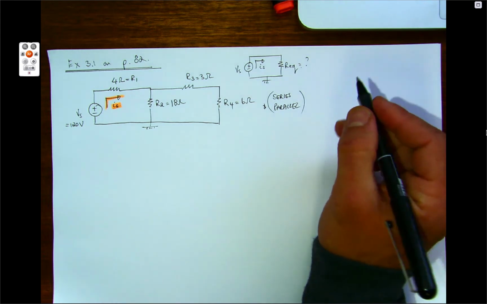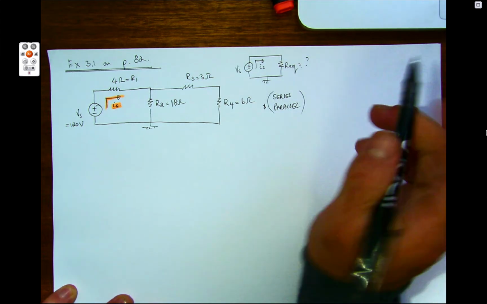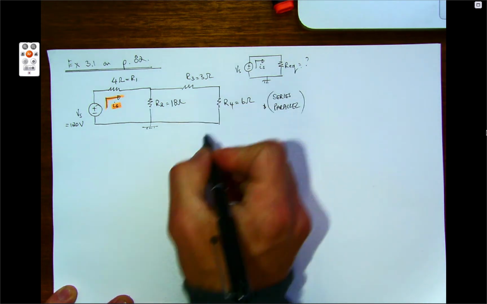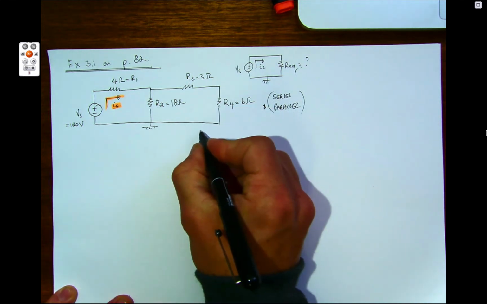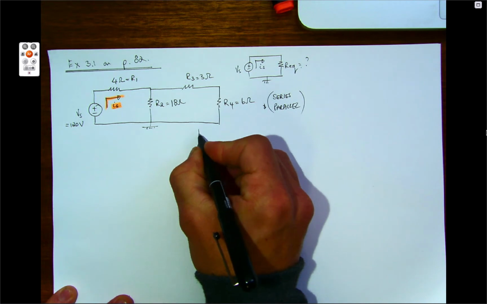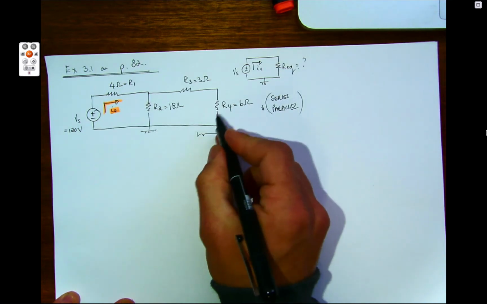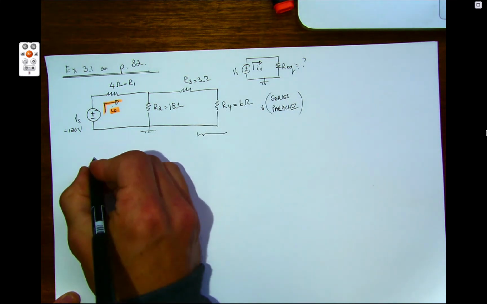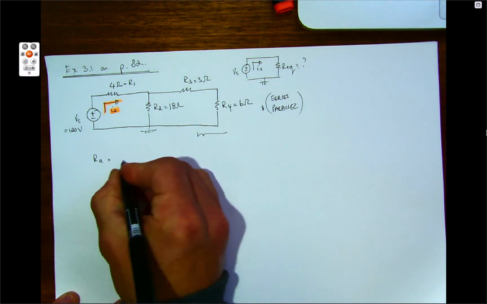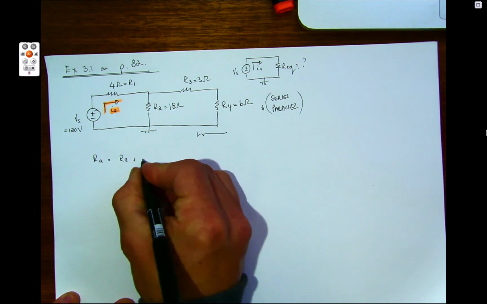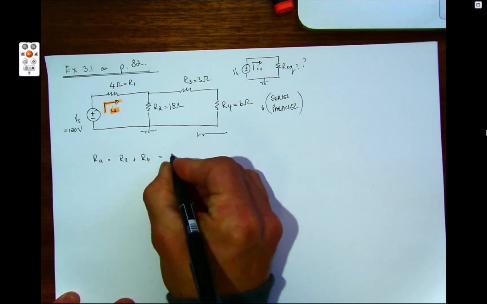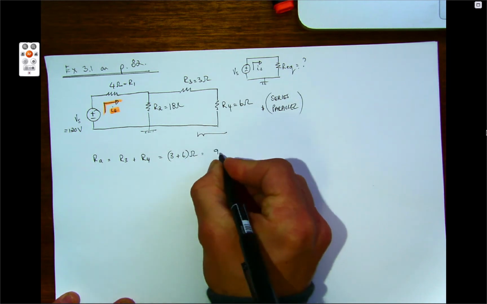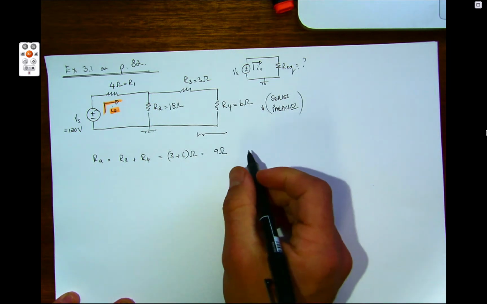First, let's look at simplifying these two resistors over here. These are resistors in series. Let's call it RA, which is equal to R3 plus R4, which is 3 plus 6 ohm, and this is equal to 9 ohm.